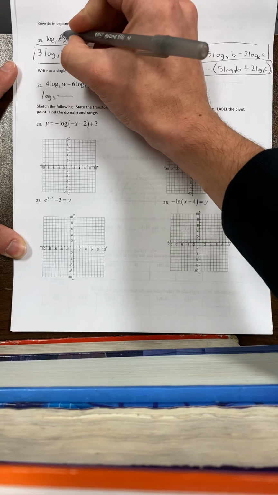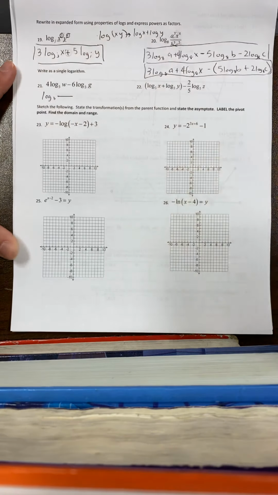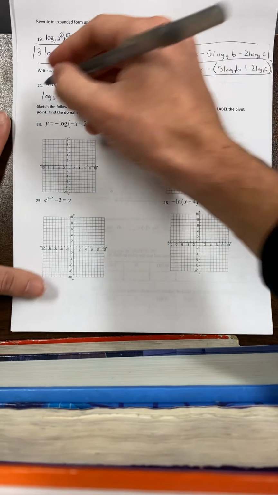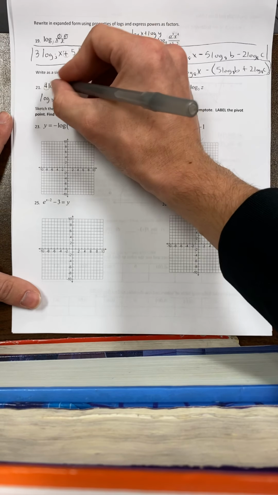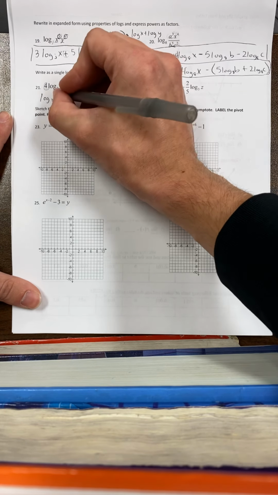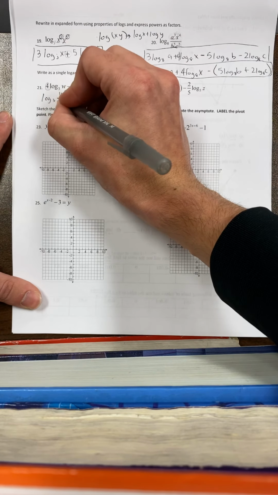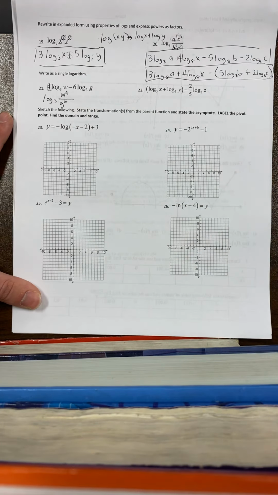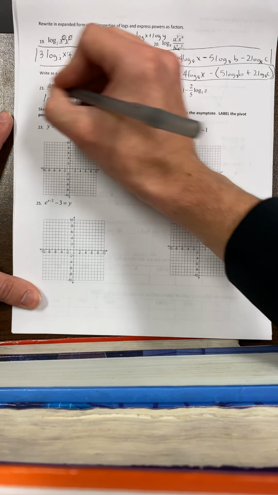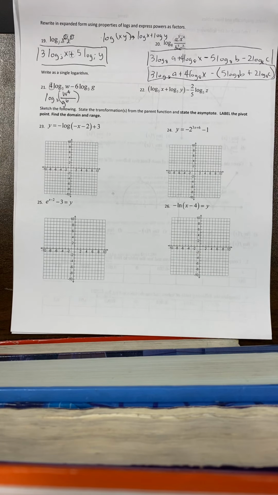And here I brought my degree down in front because I wanted to expand it, but now that I'm condensing, I want to take this coefficient and move it back as a degree. So w to the 4th over g to the 6th. And that would be our final answer for that one.